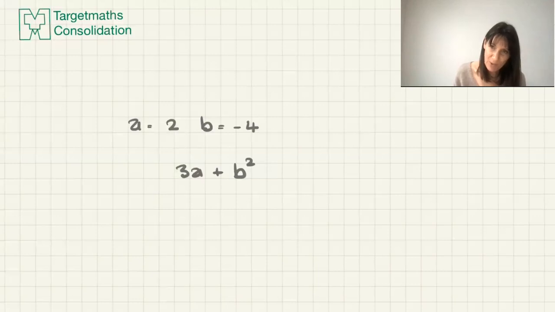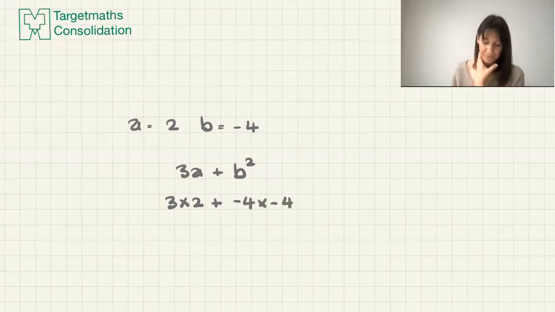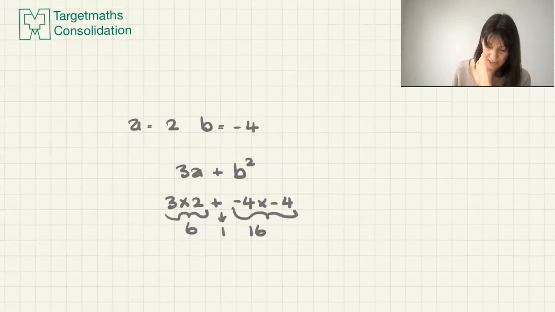Okay, hope you're remembering to pause and hit play, otherwise you'll feel rushed, and you shouldn't be feeling rushed, okay? 3a is 2 plus b squared, which is minus 4 times minus 4, okay? 3 times 2 is 6, minus 4 times minus 4, well, 4 fours are 16, and the 2 negatives make it positive. I've got that add that I've not used yet. 6 plus 16 is 22.